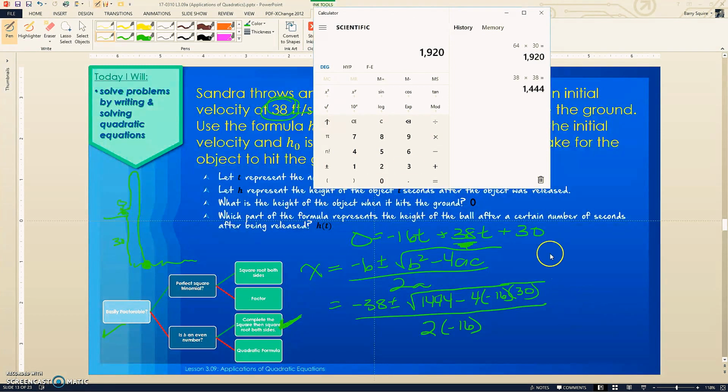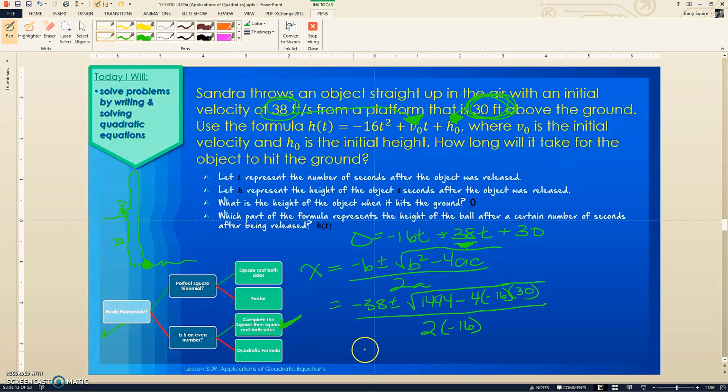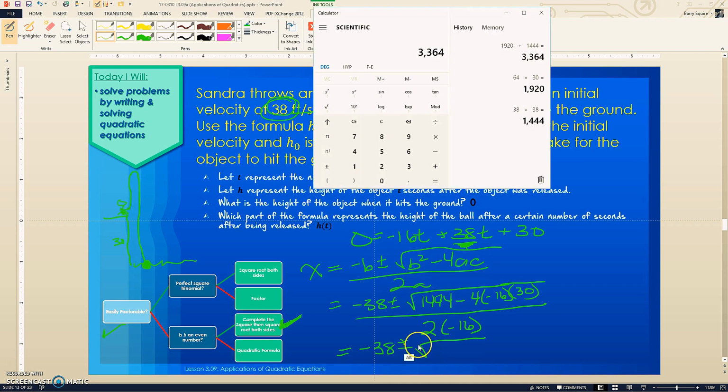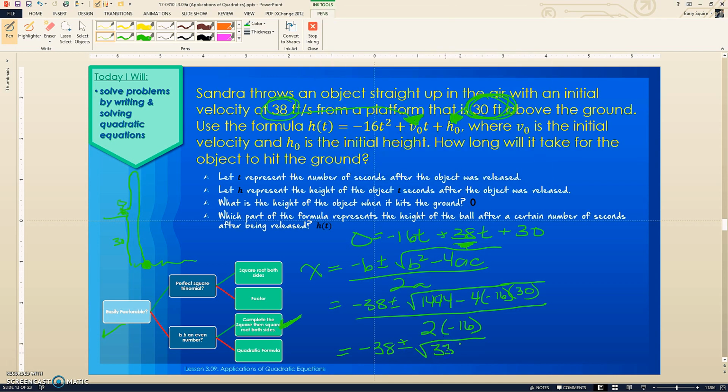So it's going to be 1444 plus 1960. It's going to be 3364. So that's going to equal negative 38 plus or minus the square root of 3364 all over negative 32.